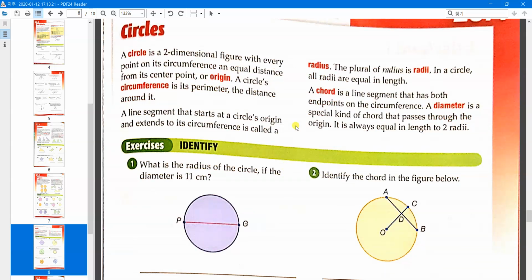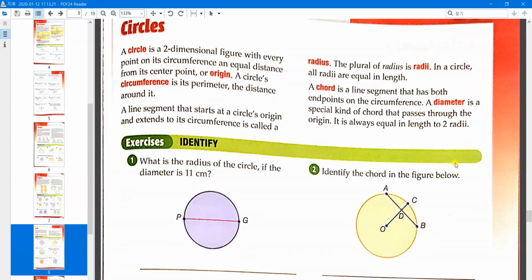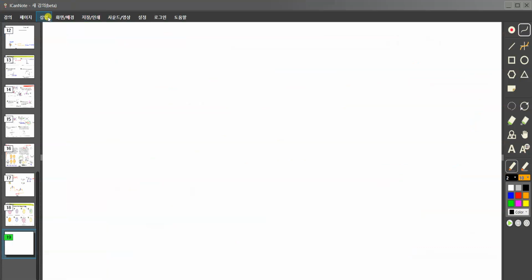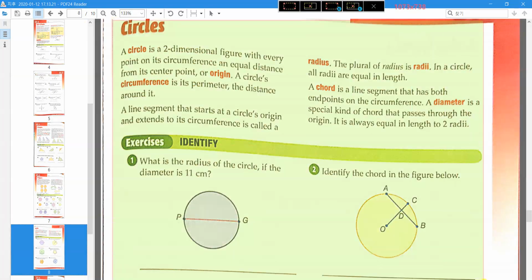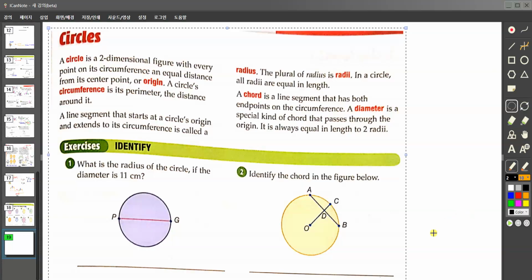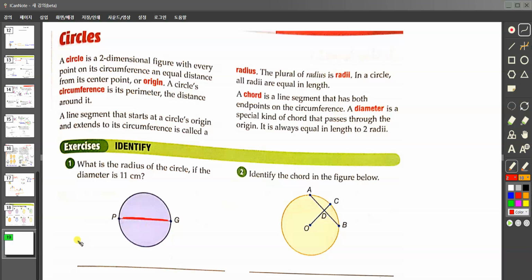So I think you have to name all kinds of parts. 굉장히 중요합니다. 그래서 다 할 줄 아나 물어봐야지. I will ask you the name of each part. What can we call this line in a circle?